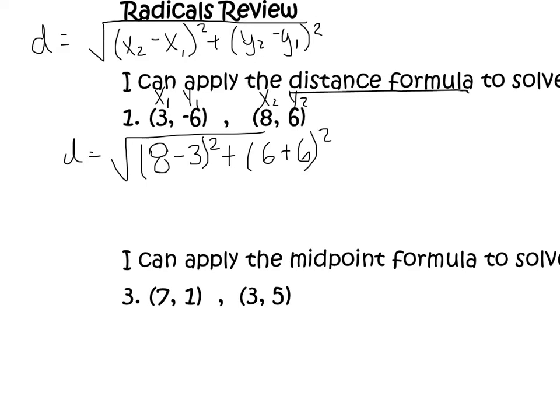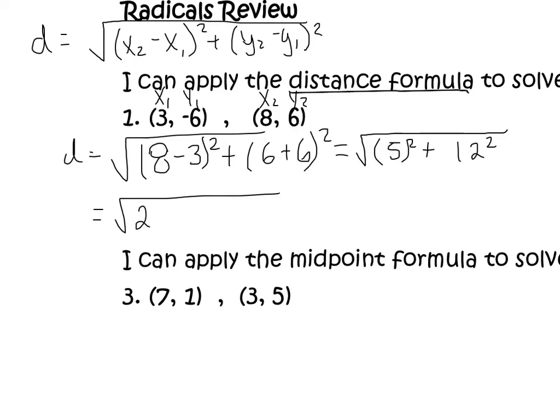So we get the square root of 8 minus 3, which is 5 squared, plus 6 plus 6, which is 12 squared, which gives you the square root of 25 plus 144, which gives you the square root of 169.